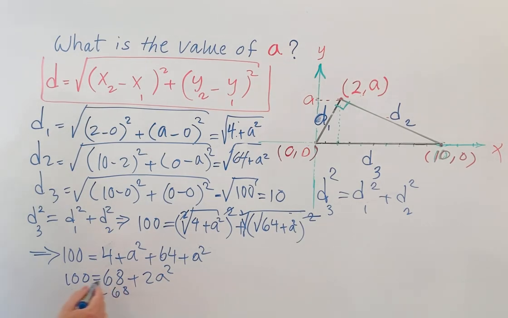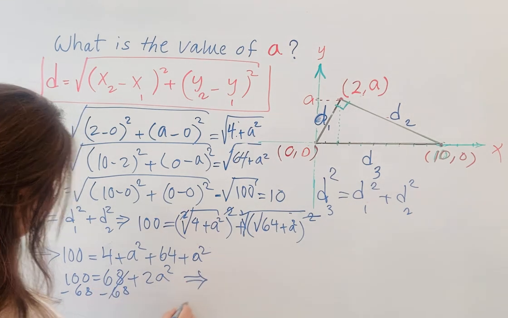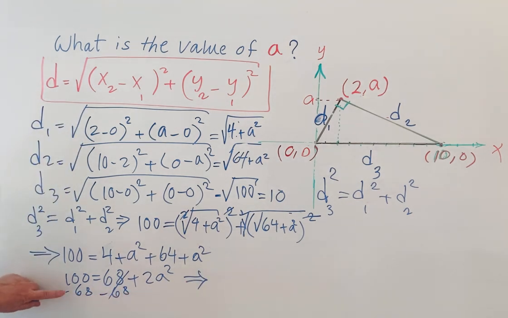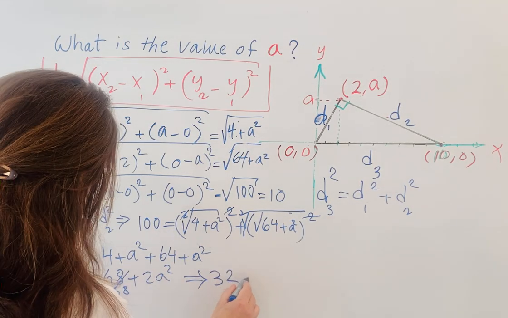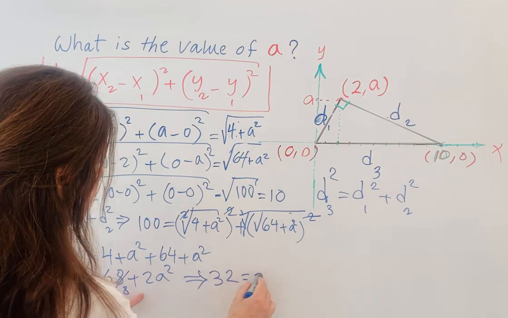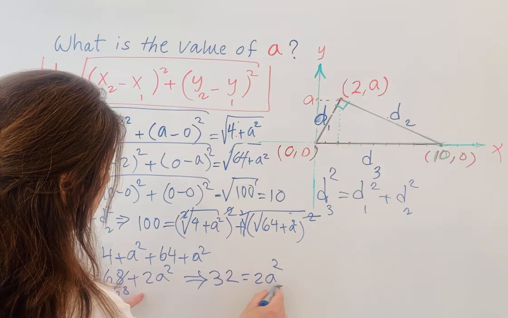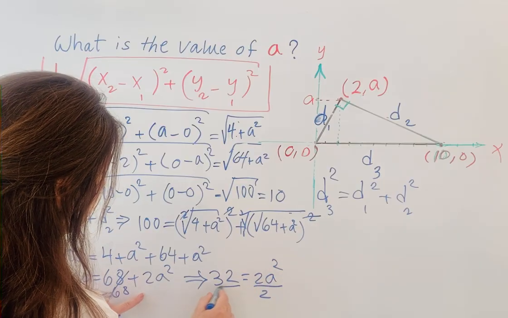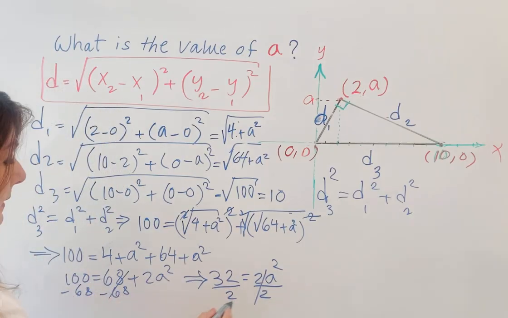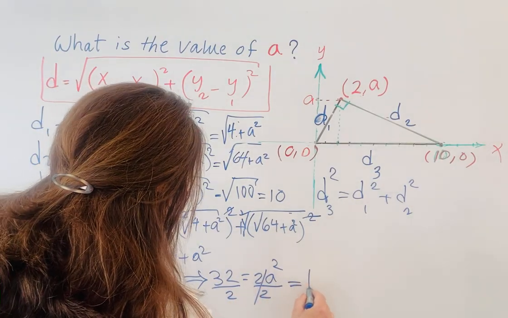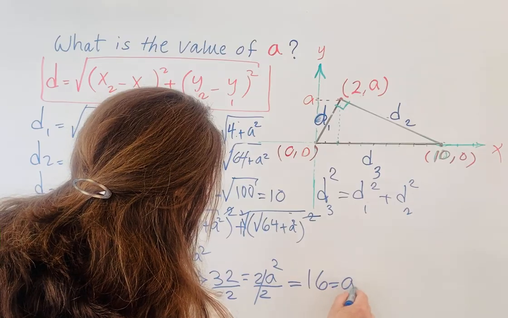Minus 68 from both sides, this cancels. 100 minus 68 gets 32, which is equal to 2a squared. Divide by the coefficient of a squared, which is 2. It's 16 equals a squared.